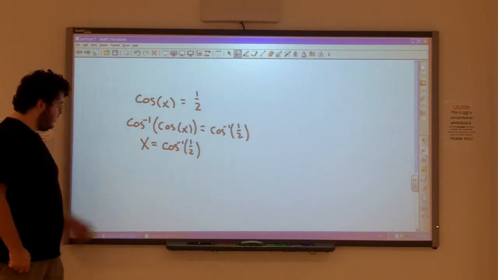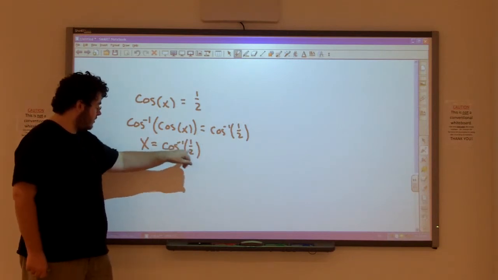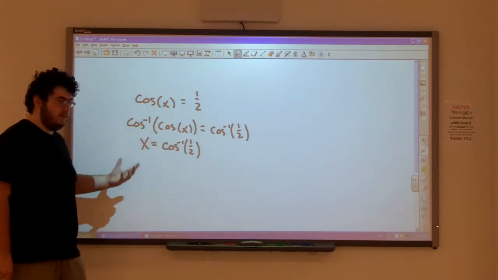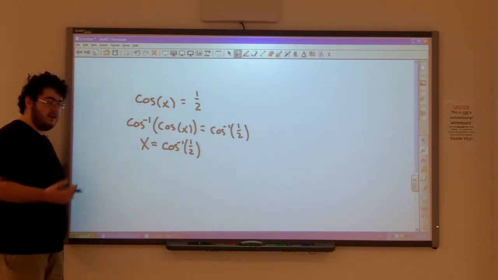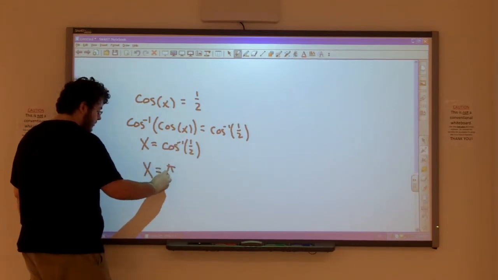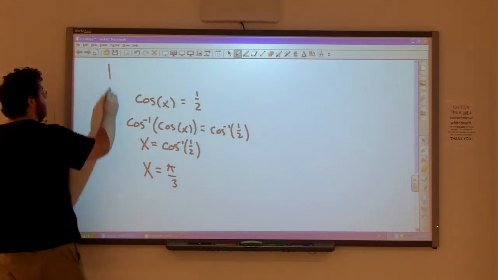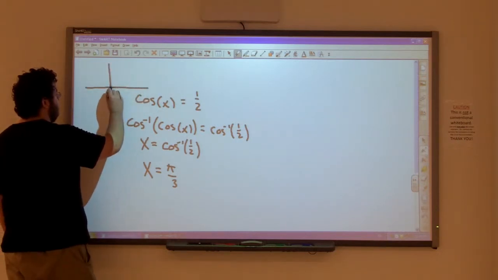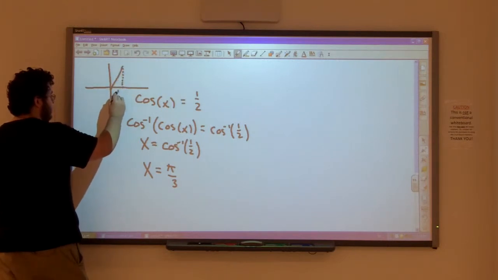So now we have to ask ourselves, what is the angle whose cosine is 1/2? The angle whose cosine is 1/2 is x, and x is what we want. So if we remember back to our unit circle, we know that the angle whose cosine is 1/2 is pi/3. Because with our unit circle, that angle looks like that. So the cosine is 1/2.